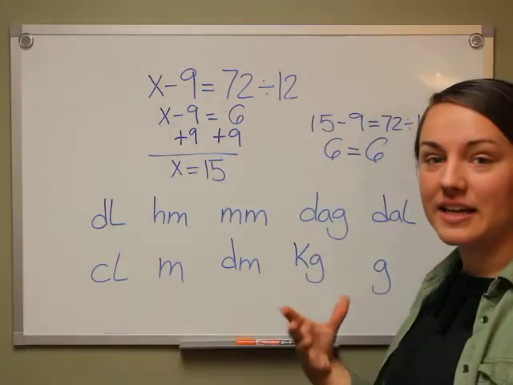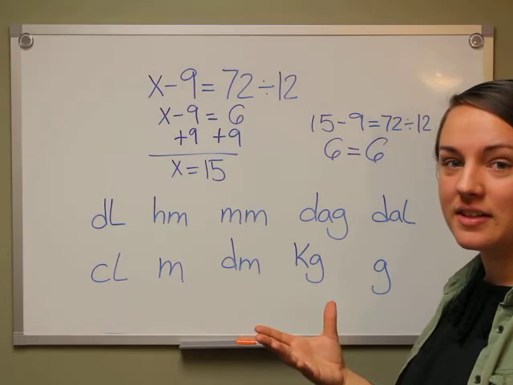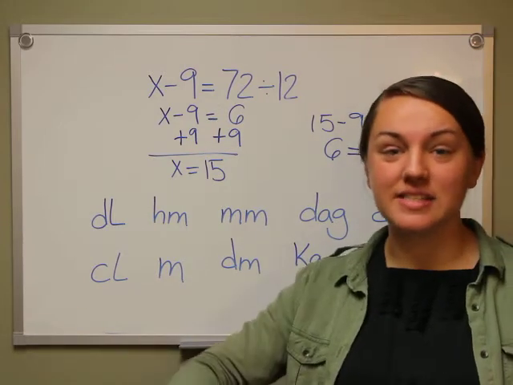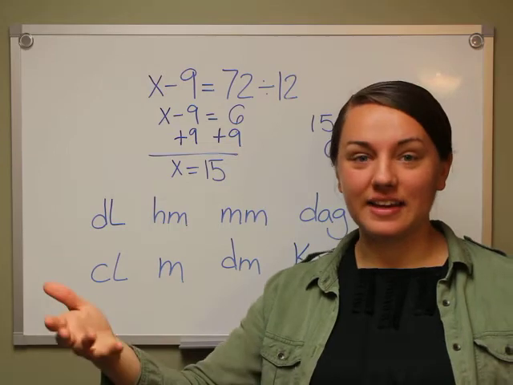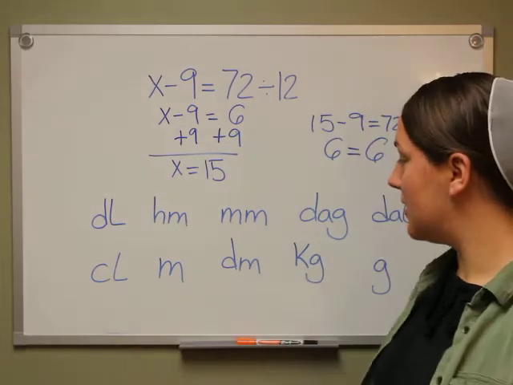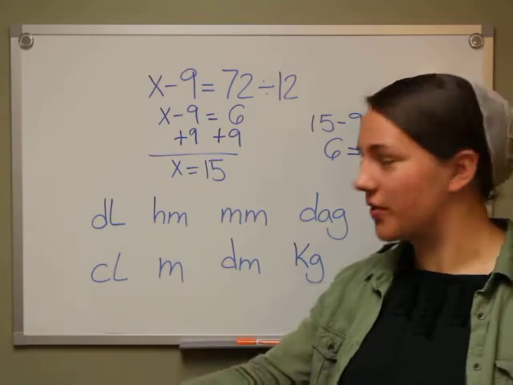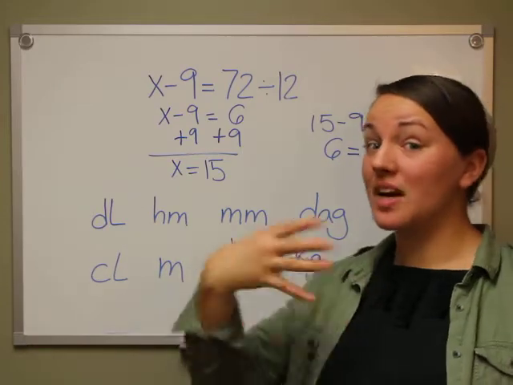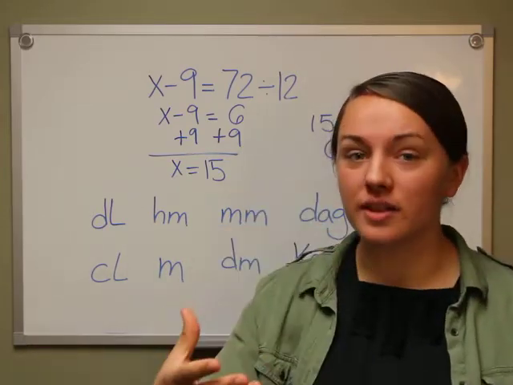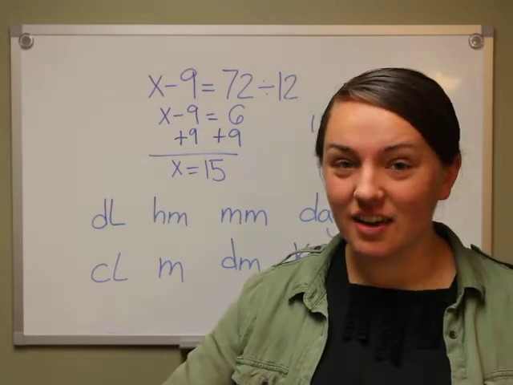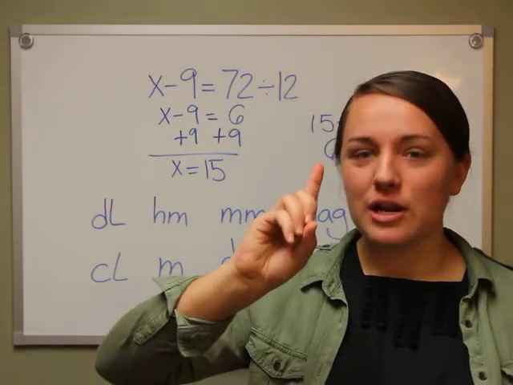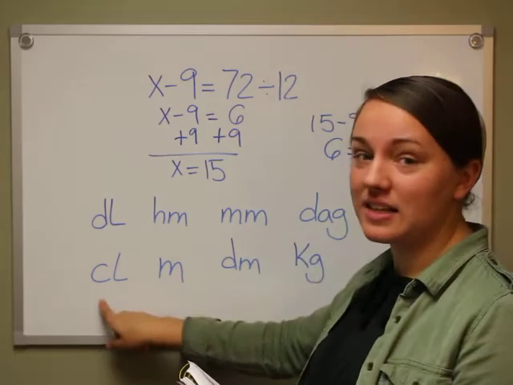What is a decaliter? That would be 10 liters because deca means 10 and then liter. Centiliter. You can say these answers and then see if you're correct. Centi is 1/100th, so this is 1/100th of a liter. If you take a liter and divide it into 100 parts and you keep 1, that is a centiliter.